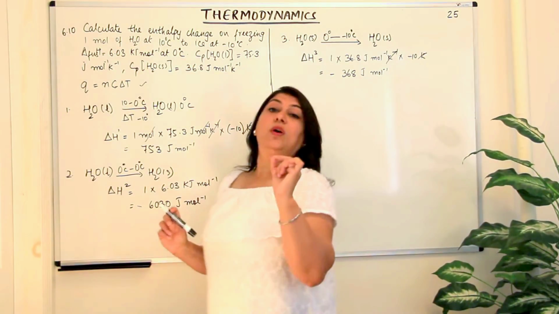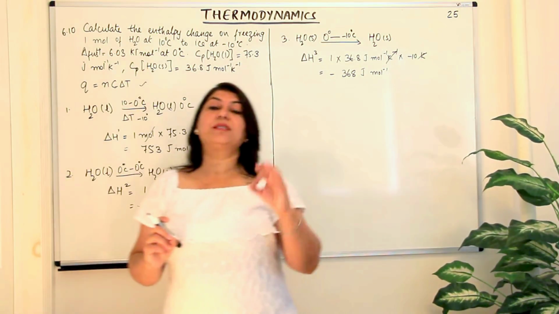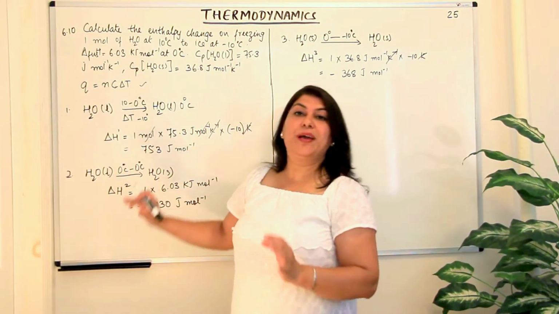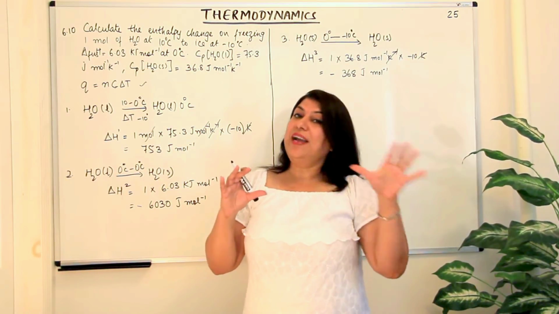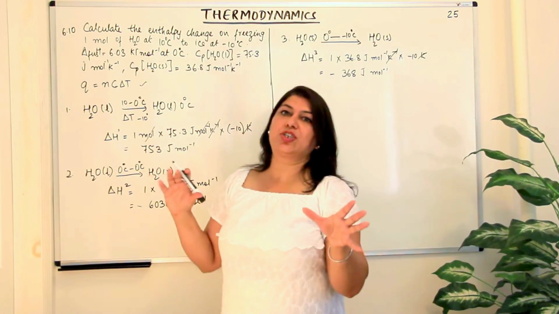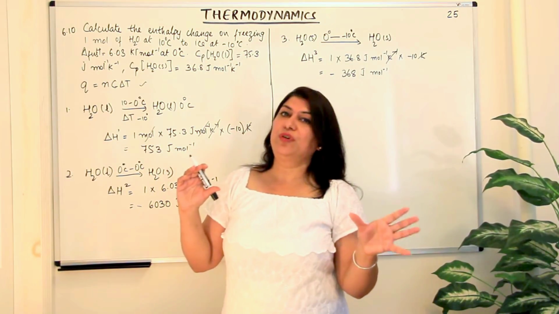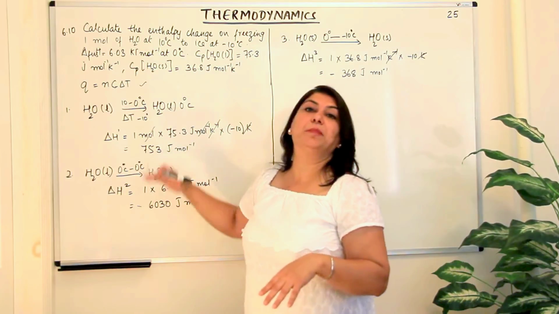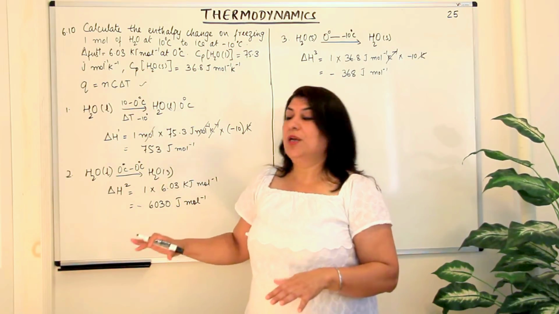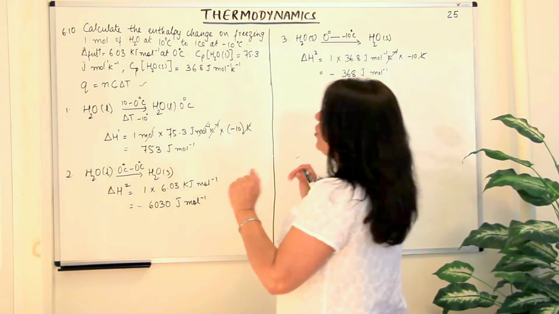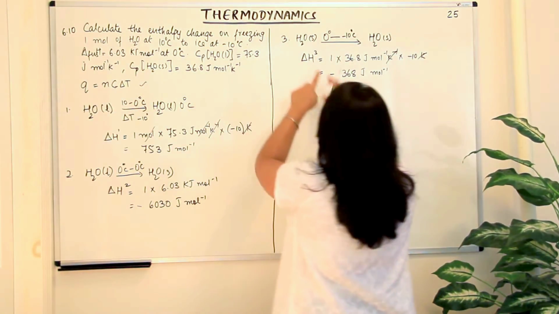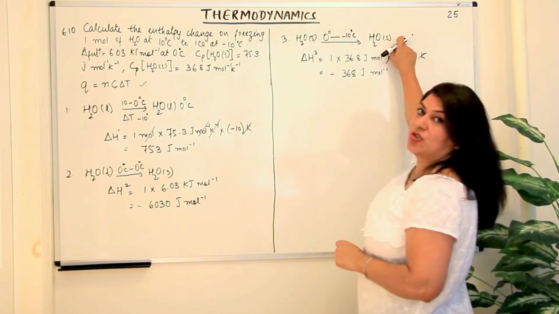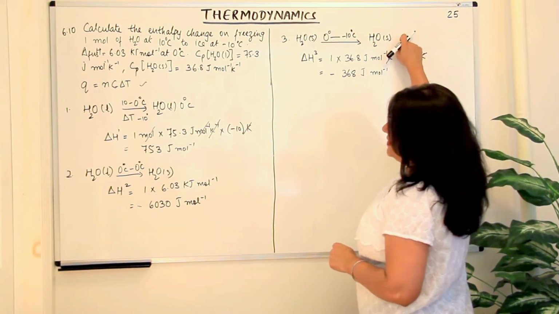Now, what has happened? We have carried out the process in 3 steps. And according to Hess's law, when a process takes place in a series of steps, the enthalpy of the overall reaction is the sum of the enthalpies of each of these steps. So we see what is the overall reaction. We started with liquid water at 10 degrees Celsius and the final product was solid water at minus 10 degrees Celsius, right?